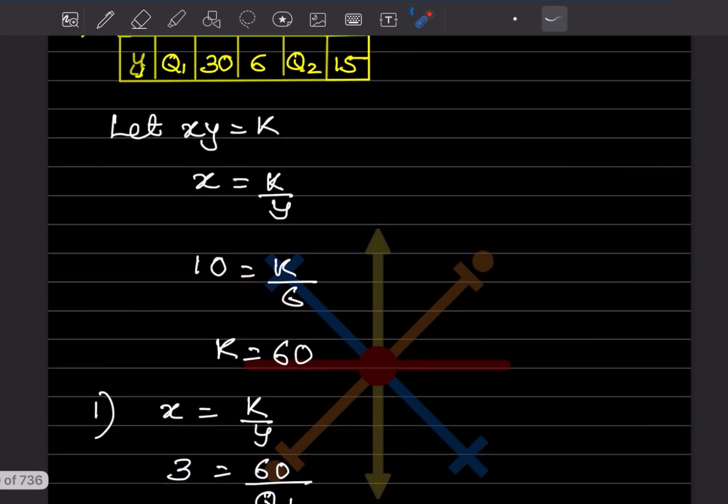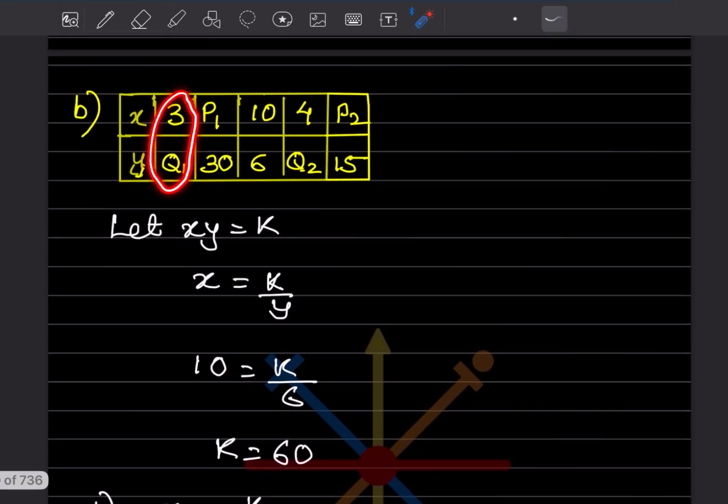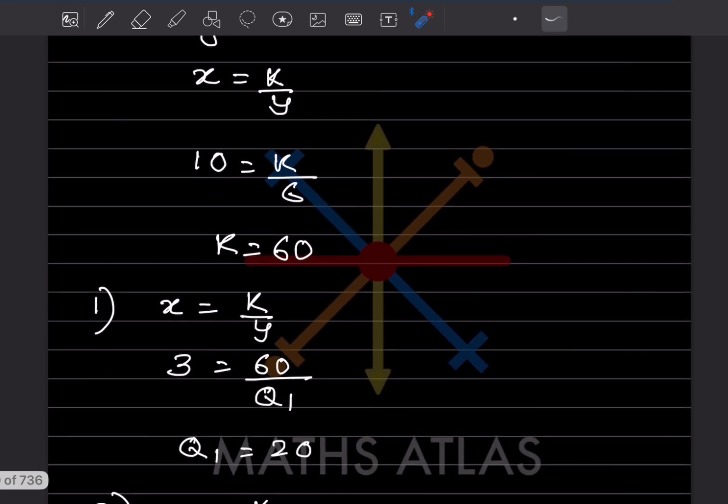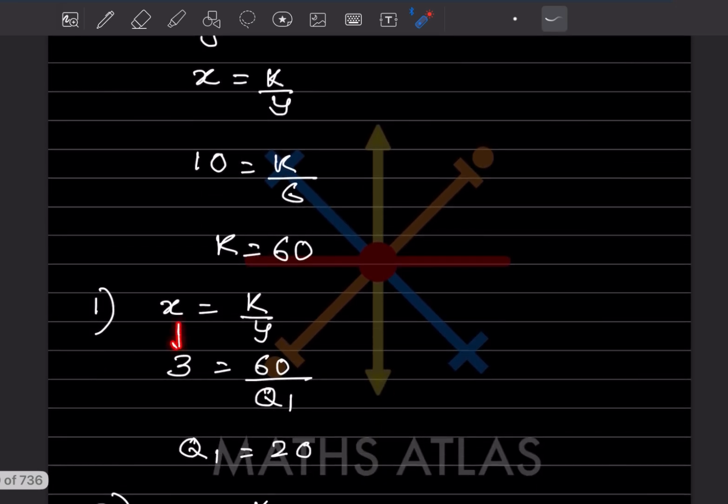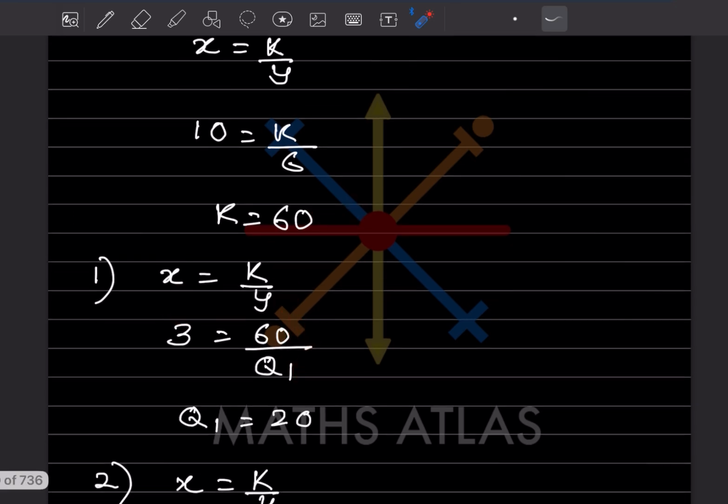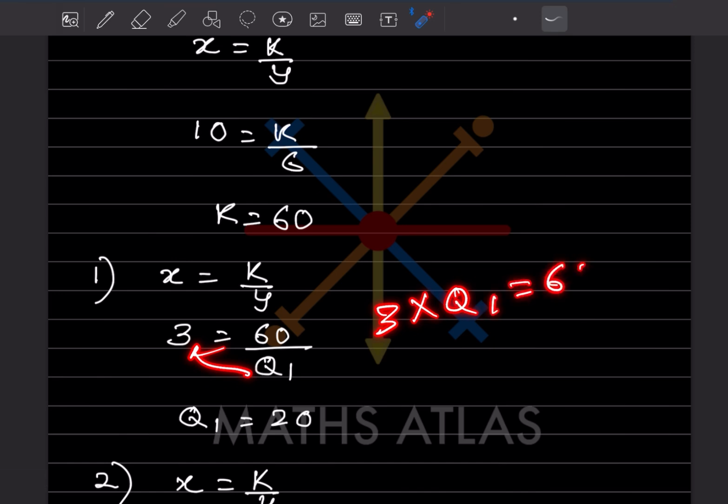So now we'll go with this one first, 3 and q1. So this is 3 and q1 will put for this y as q1. And you know the k value, that is 60 is given. So now when you multiply this one, 3 into q1 is equal to 60. So q1 will be 60 and this will go here, means it will get divided by 3.